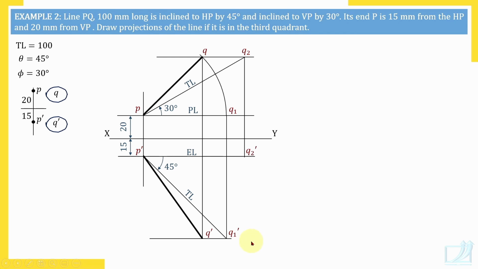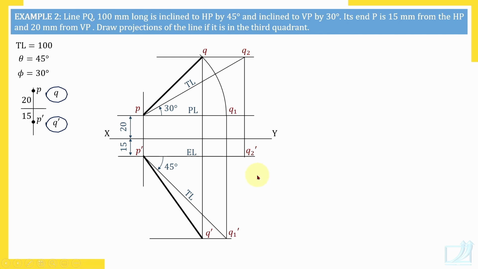If they are not, that means your drawing is wrong and you have lost the marks. Also check that two views of a point lie on the same projector: P and P dash on a vertical line, Q and Q dash on a single projector, Q1 and Q1 dash on a single projector, Q2 and Q2 dash on a single projector.